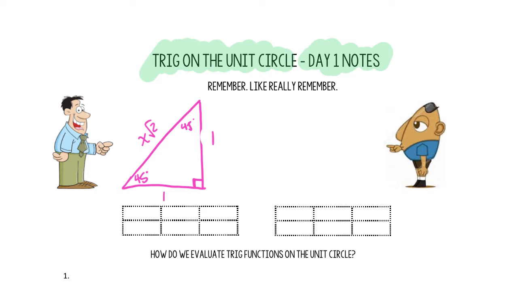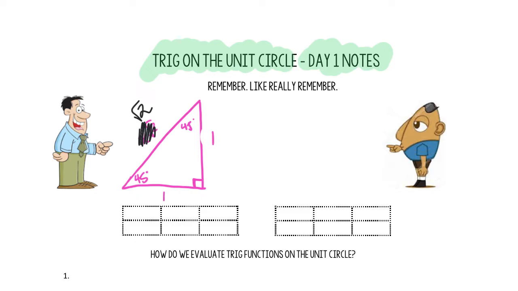And if x is equal to 1, the hypotenuse is going to be 1 root 2, or we can just call it square root of 2. So we call that square root of 2.